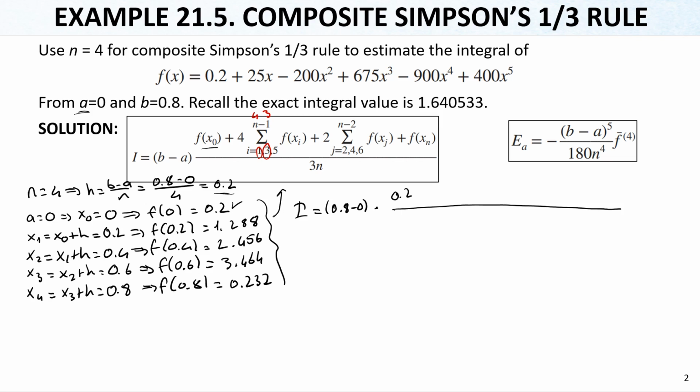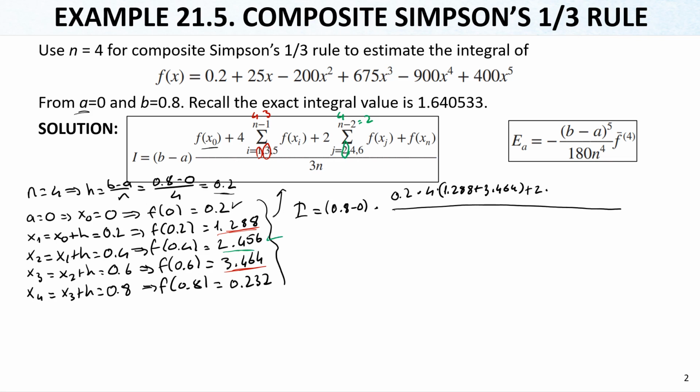Then we will get 1, this one, and 3, this one. Sum them and multiply by 4. 4 times 1.288 plus 3.464 in parentheses, plus 2 times the summation of the even values, so up to n minus 2. This is 4 again. 4 minus 2 equals 2. So up to 2, just 2. Use this.